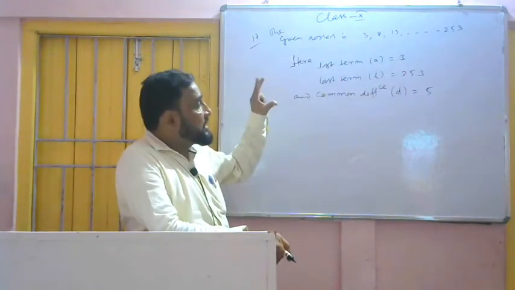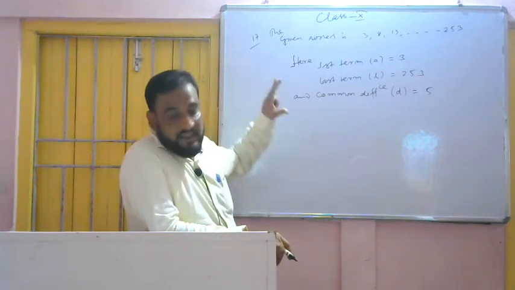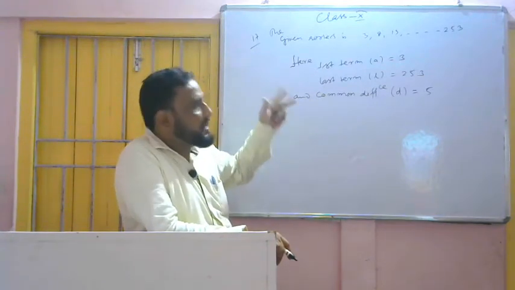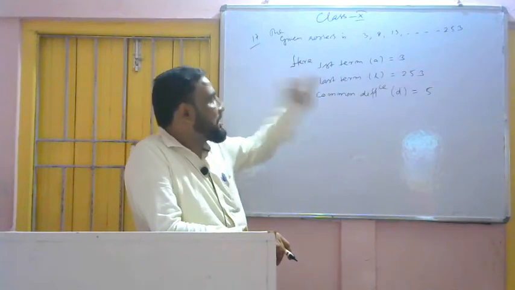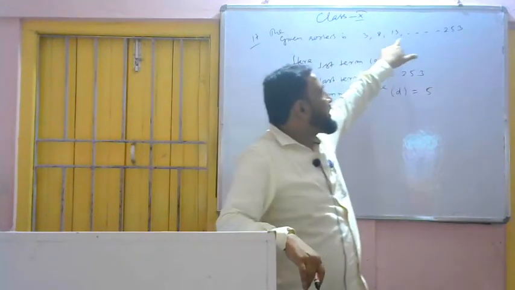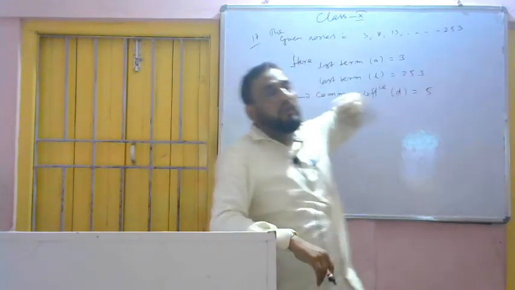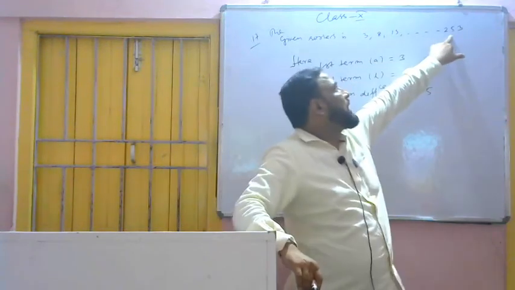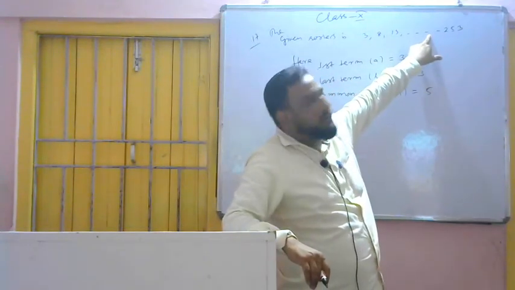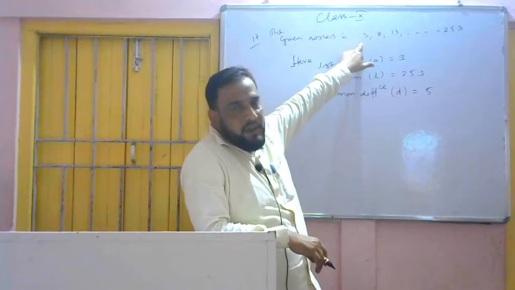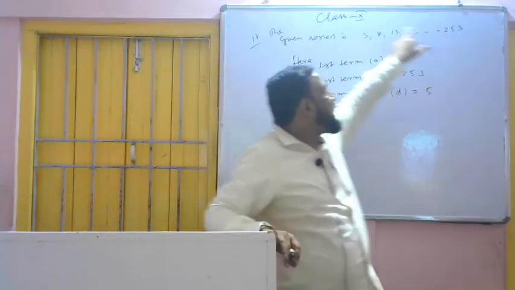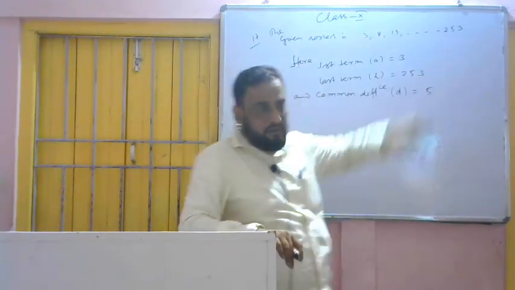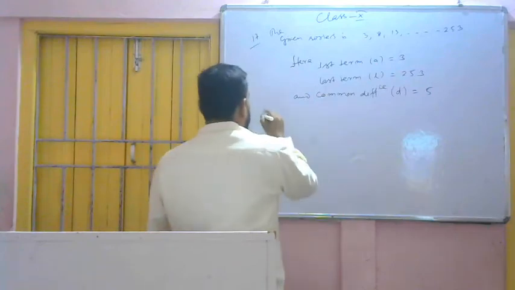Now one interesting thing you see: if we reverse the series, that is, if you count from the last, here 3, 8, 13 up to 253, if you count like this, 253 first and then up to 3, that is, the last term first and the first term last, then what will become?